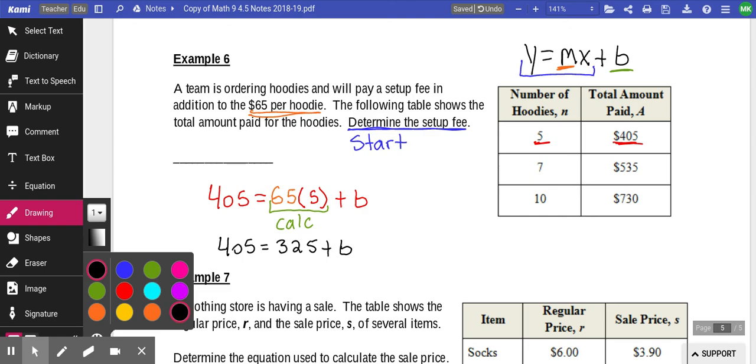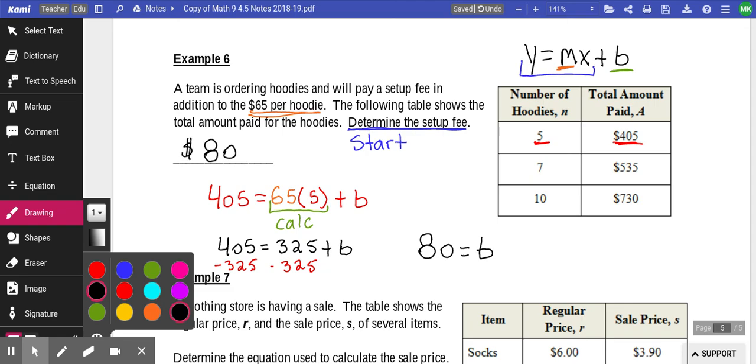And then subtract away the 325. And that would tell you your starting value. In this case, your starting value should be 80. That means that was the initial cost, $80.